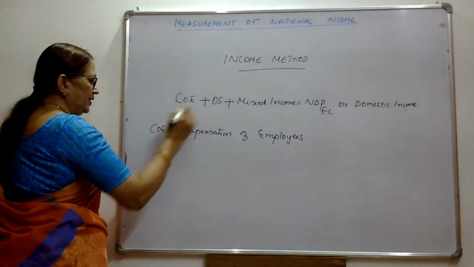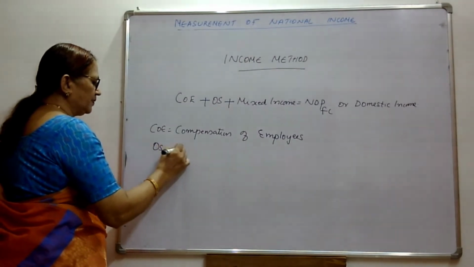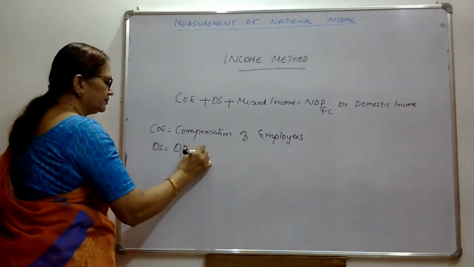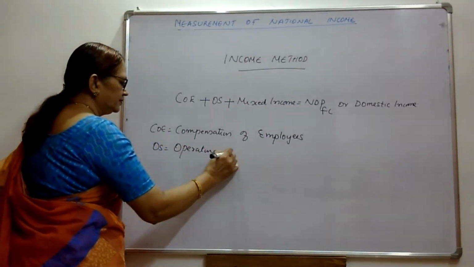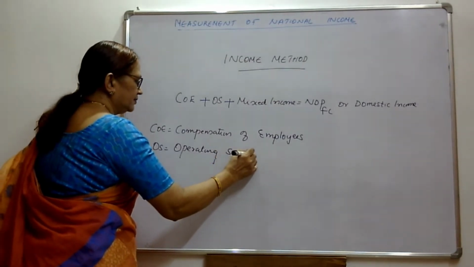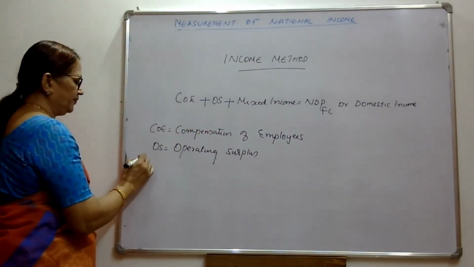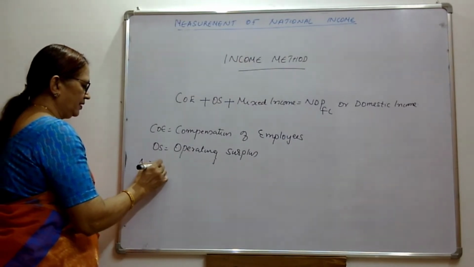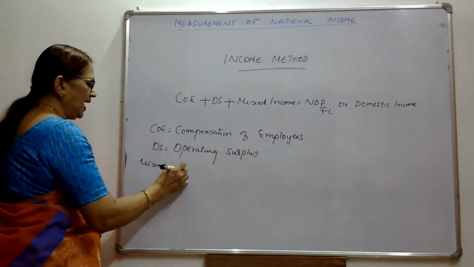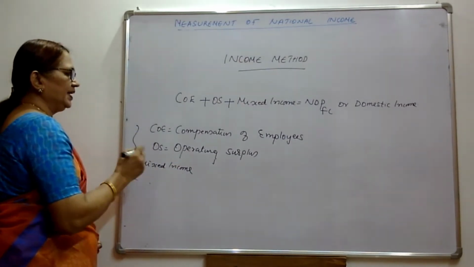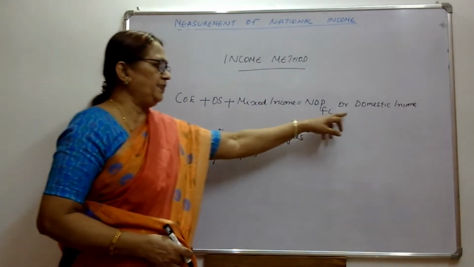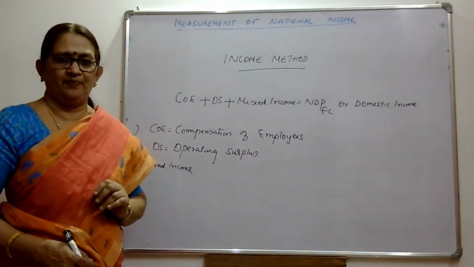OS is operating surplus. Then mixed income. By adding these three, we will get domestic income, NDP at factor cost.